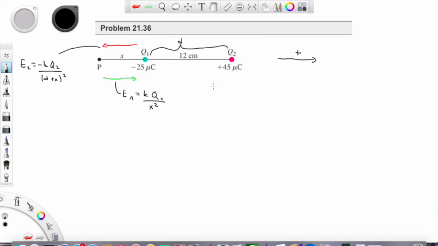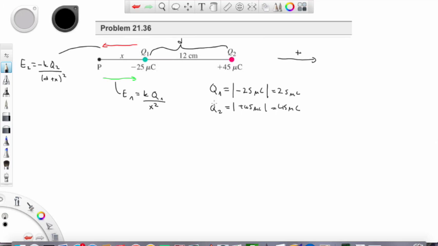Note when I said the magnitude of the charge, q1 and q2: by q1, for example, I mean the magnitude of minus 25 microcoulombs, which is 25 microcoulombs, and for q2, the magnitude of plus 45 microcoulombs, which is 45 microcoulombs.